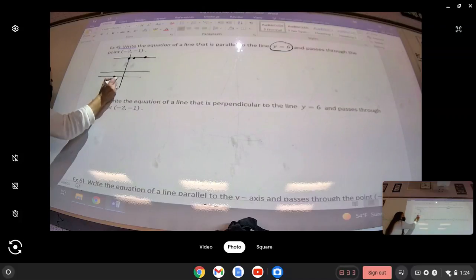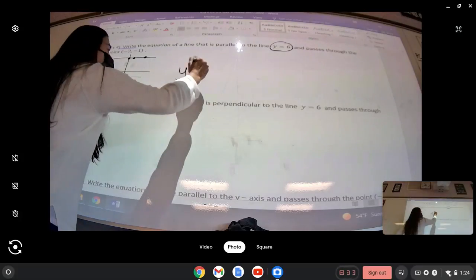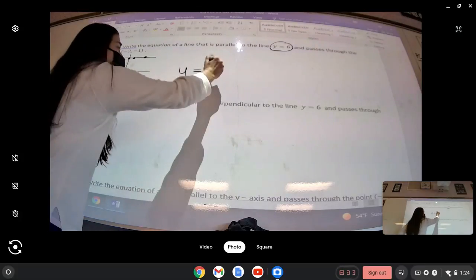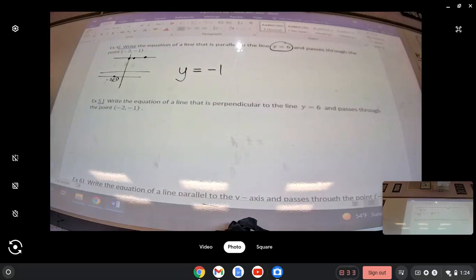The y coordinate, so this is the line where every single y coordinate is -1. So what's the equation? y always equals -1. Done. So there's no work. It's all visual. It's you understanding what a horizontal line is, what a vertical line is, what its equation looks like, which coordinate doesn't change.